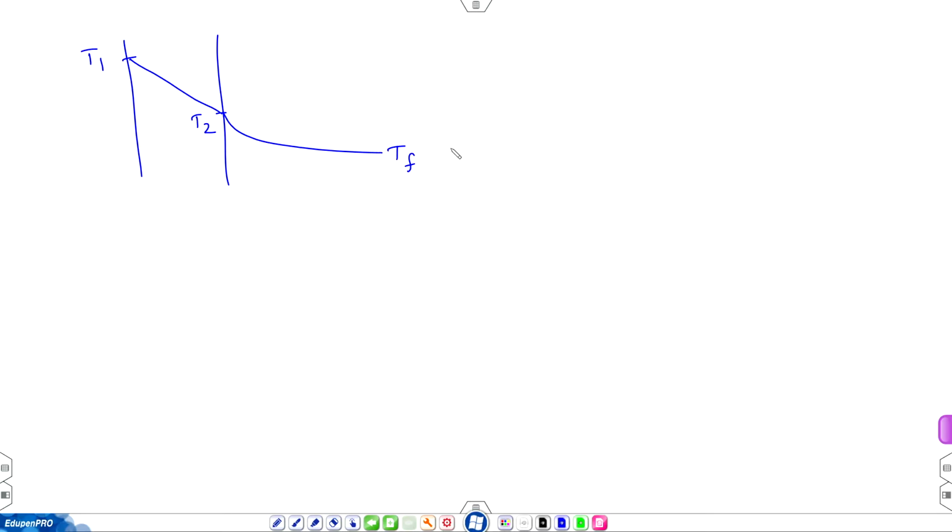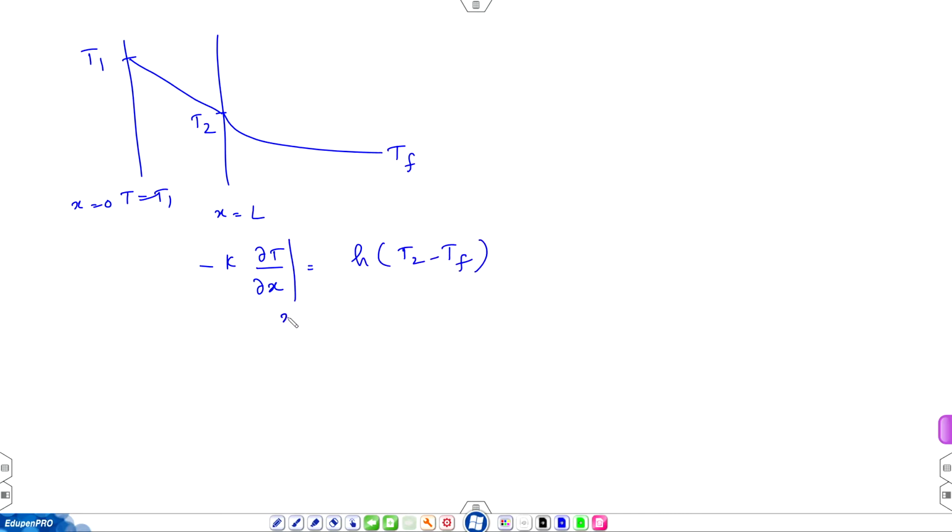So, in a problem like this, at x equal to 0, T is equal to T1, while at x equal to L, you do not know the temperature T2, it depends on h. So, you have minus k times this derivative equal to h times T2 minus Tf.